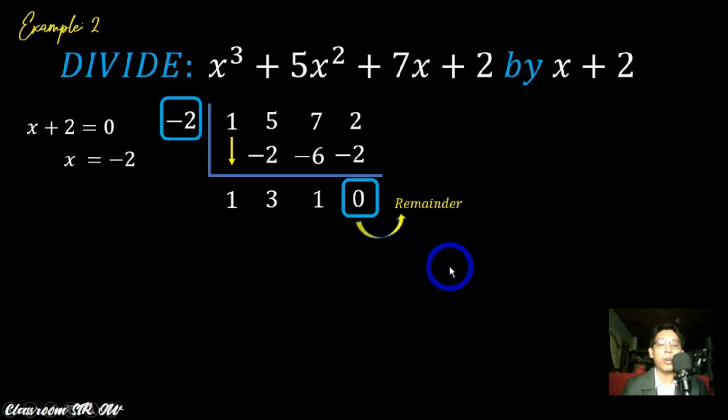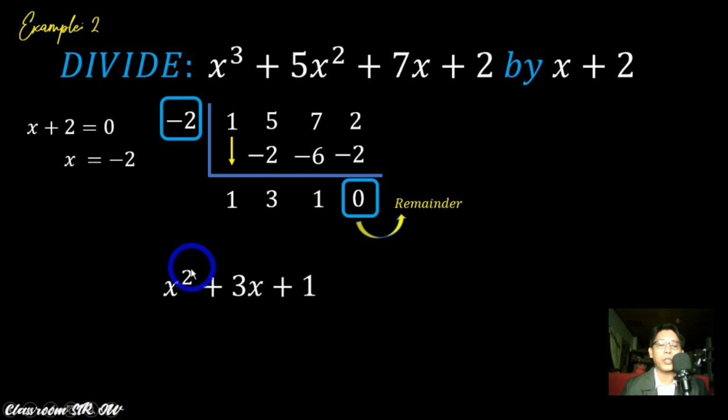Now, to get the quotient, we will look at the highest degree of the given polynomial. It's x cubed. So subtract this by 1. So our first number, which is 1, is x squared.